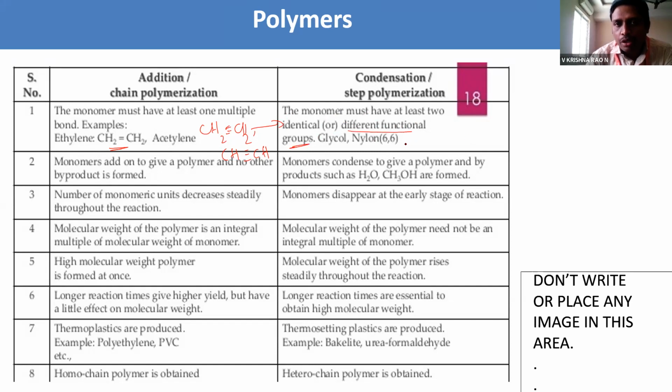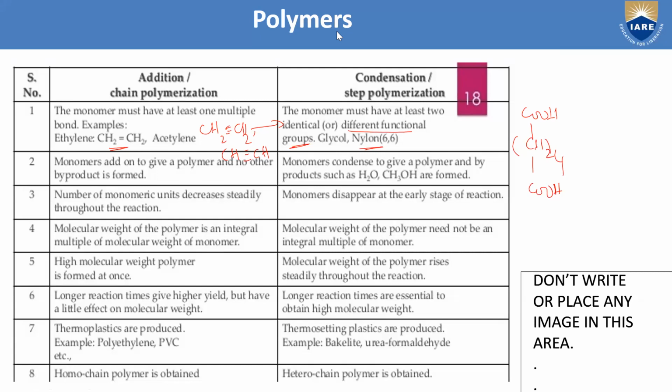Already you know the preparation of nylon 66: adipic acid, HOOC-(CH2)4-COOH, contains two identical COOH groups, one COOH and a second COOH.